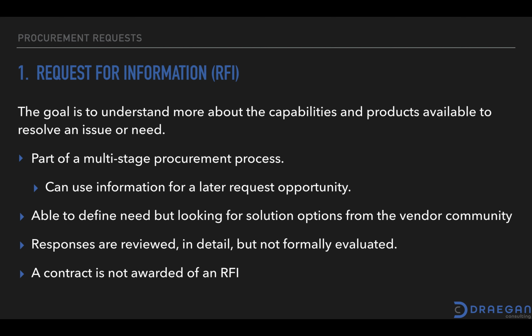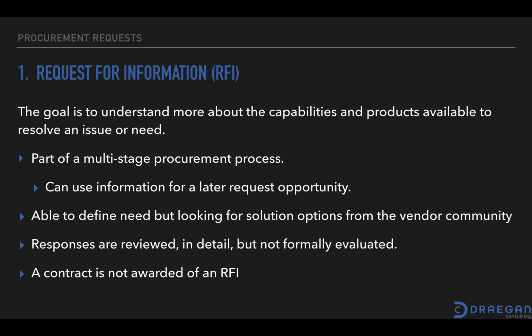Requests for information are primarily done when the organization is able to define what they need. They know what the issue is or what their general goal is, but they're looking for different solution options. They need to understand what's out there and what the available options are from the vendor community.